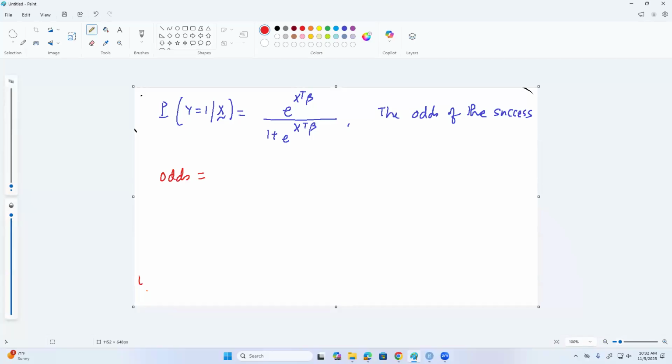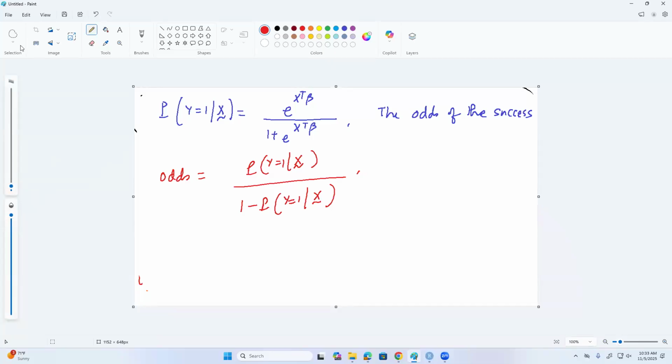All are the same. So odds is probability y equal to 1 given x divided by 1 minus probability y equal to 1 given x. So for a Bernoulli random variable, the denominator is probability y equal to 0. So success probability divided by the probability of failure.